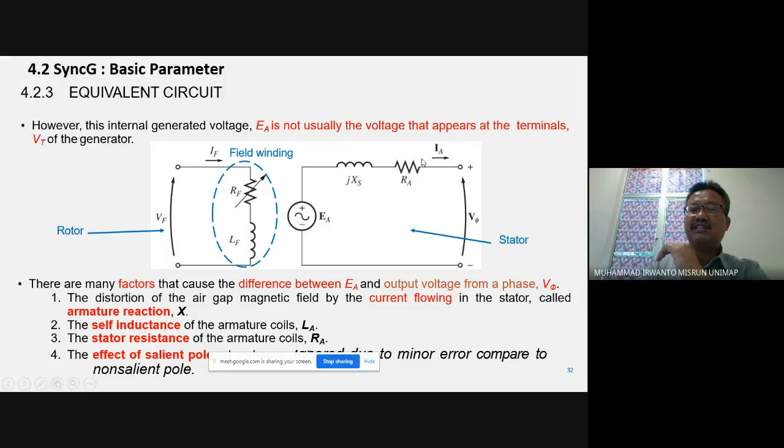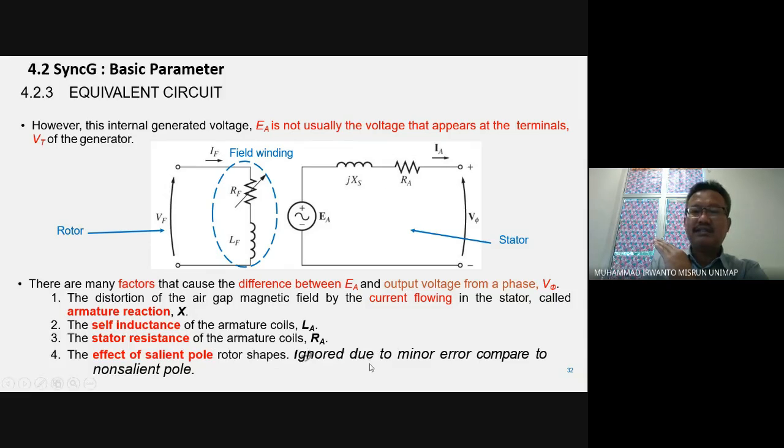The value of XA, the armature reactance, is constructed by the armature inductance LA. And if the stator winding has resistance, it is called the armature resistance or stator resistance.